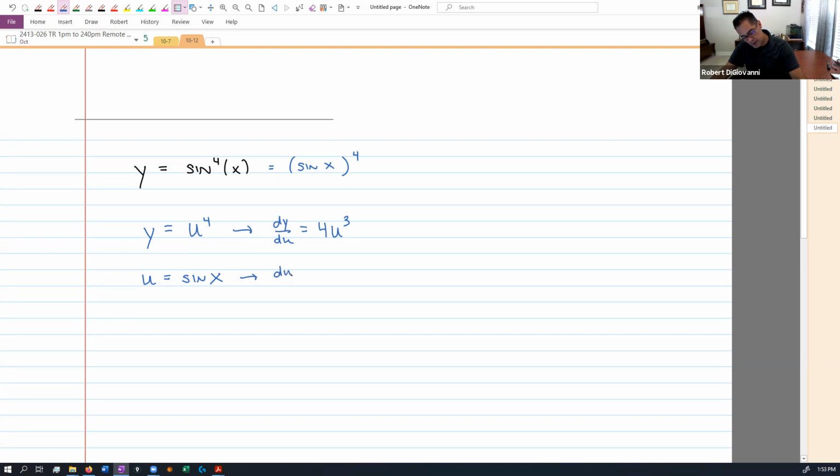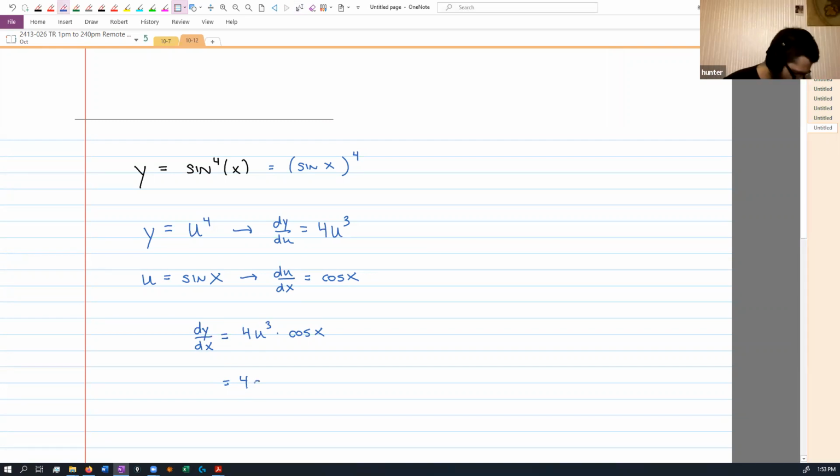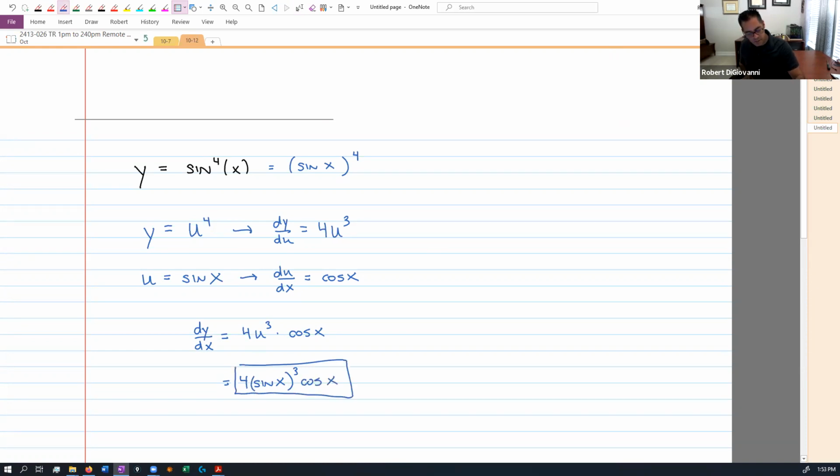And du dx is cosine x. And then I just multiply the two together. So dy dx is 4u cubed times cosine x. Last step, replace u with what? Sine x. So this will be sine x cubed cosine x. That matches what we got earlier.